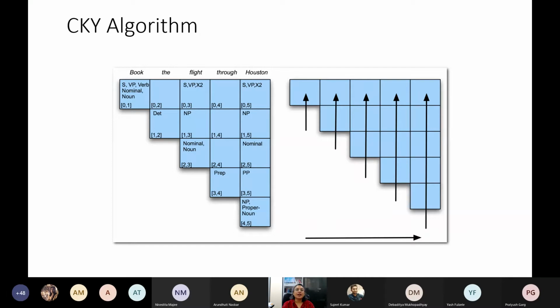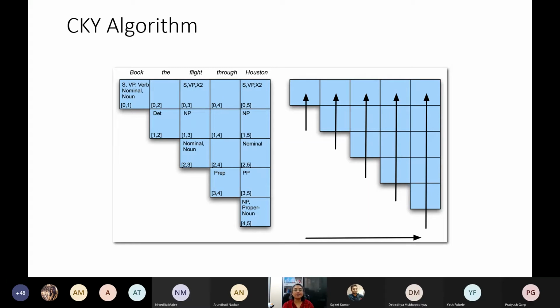Okay, so if you get this sentence, suppose the positions of the words are 1, 2, 3, 4, 5, right? Or in general from 1 to n. So a particular subsequence can be defined by i, j, where j is greater than or equal to i.